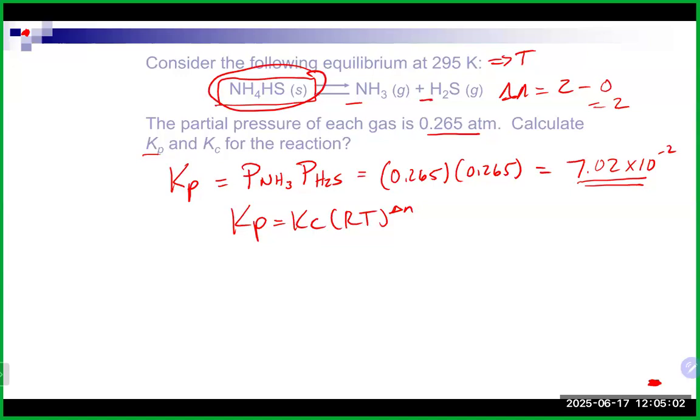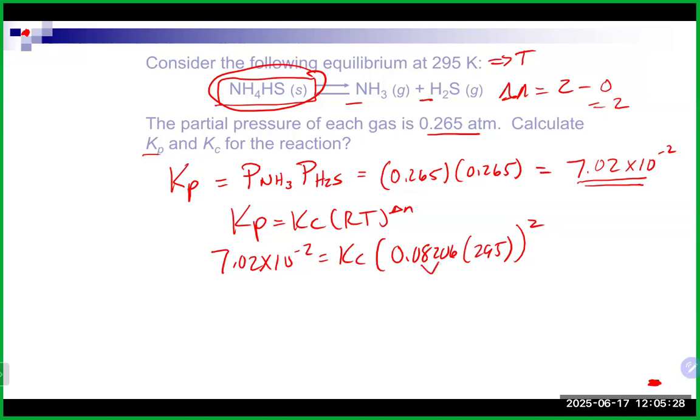And I think that might be all we need here. 7.02 times 10 to the minus 2 equals our Kc times 0.08206 times our temperature of 295. And again here, we're going to square it. So we'll take 0.08206, we'll times it by 295. We will then square it.